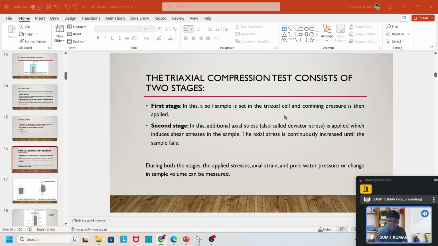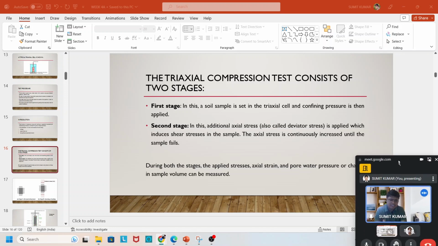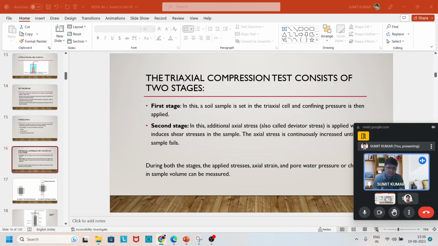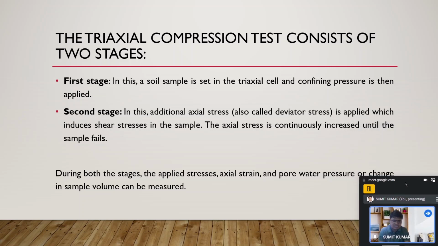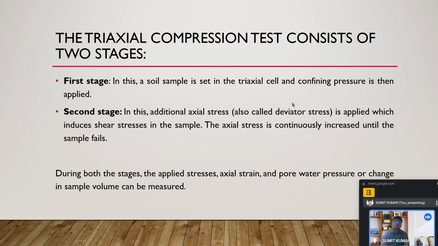With the help of that, as it was discussed and will be discussed again, we are able to get the value of sigma 1 minus sigma 3 as the deviatoric stress, and on the basis of that, the values of sigma 1 and sigma 3 are known, so we are able to form the Mohr failure envelope.